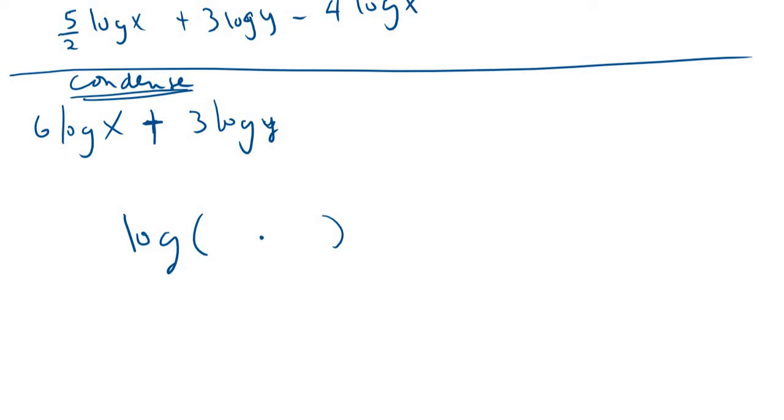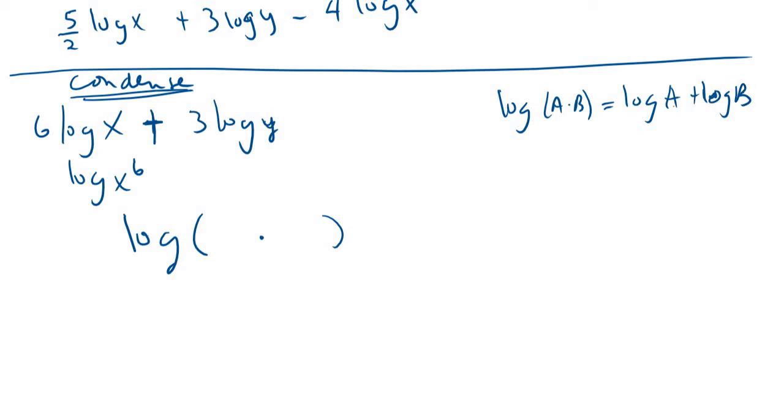But we need to first get this 6 back to the exponent like this before we can do anything, because it's in front of the log. The rules say log A plus log B equals log of A times B. So you're going to recognize that we need to have the log by itself without any coefficient.